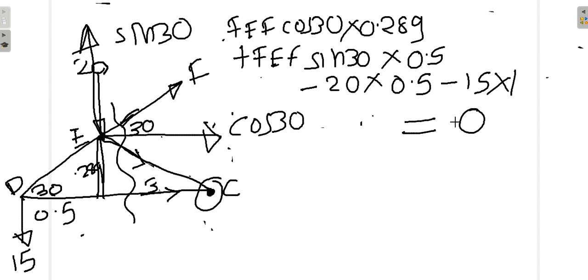So that should give me the value of FEF. So let us do the calculations.